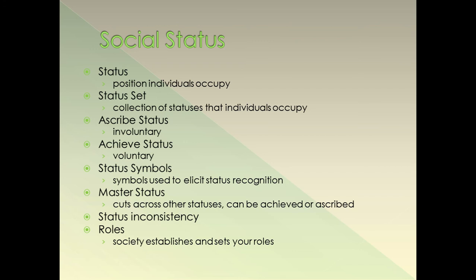Status inconsistency is simply when you have two statuses that don't seem like they match up. So I heard a story one time about a guy who was homeless, and he had lived on the streets, and he had a big giant raincoat, and he would sleep in this raincoat, and he had his blankets, and he would leave his coat on the street.